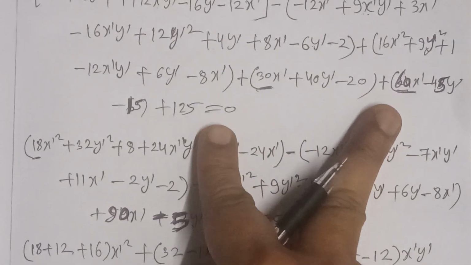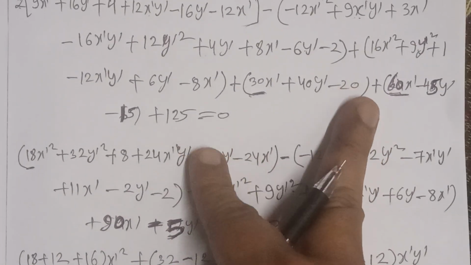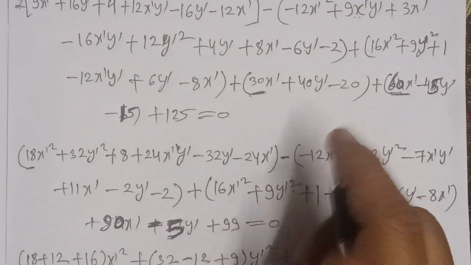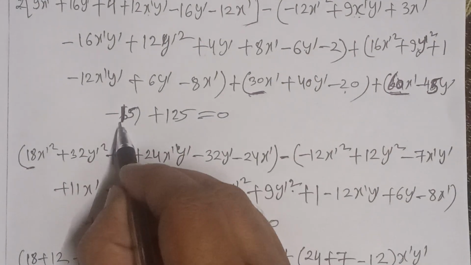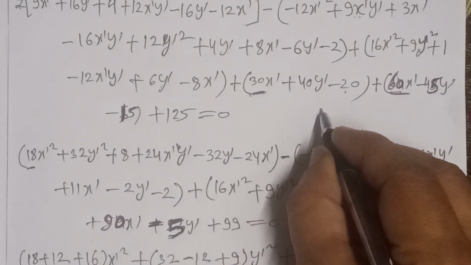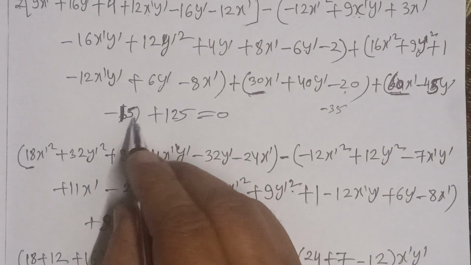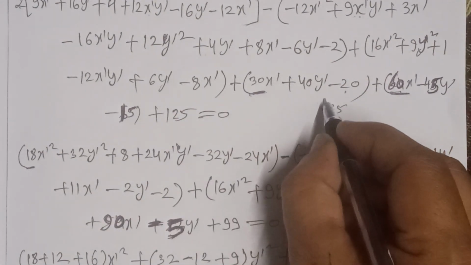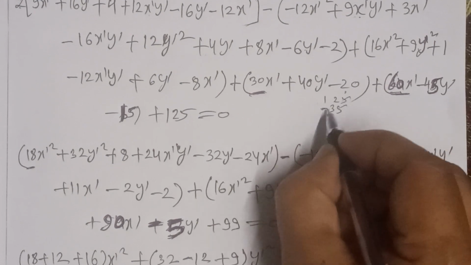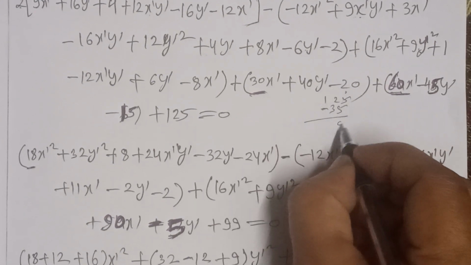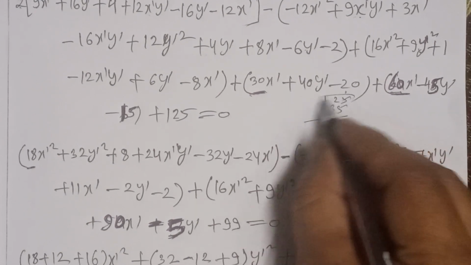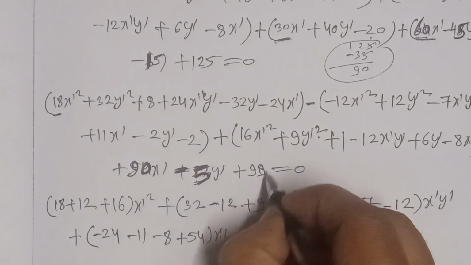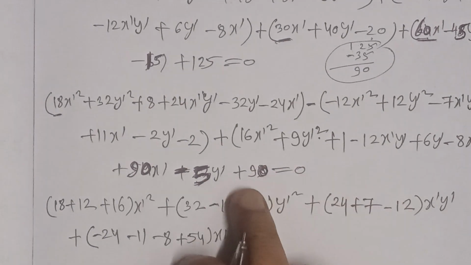And the coefficient and constant term in the last, this value and this value becomes minus 35, and we have here plus 125. The difference of these values is 90, so I write plus 90 here.